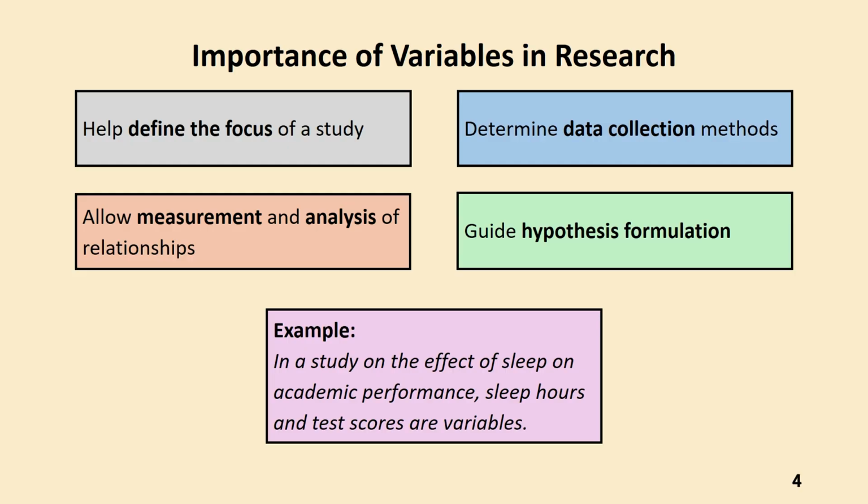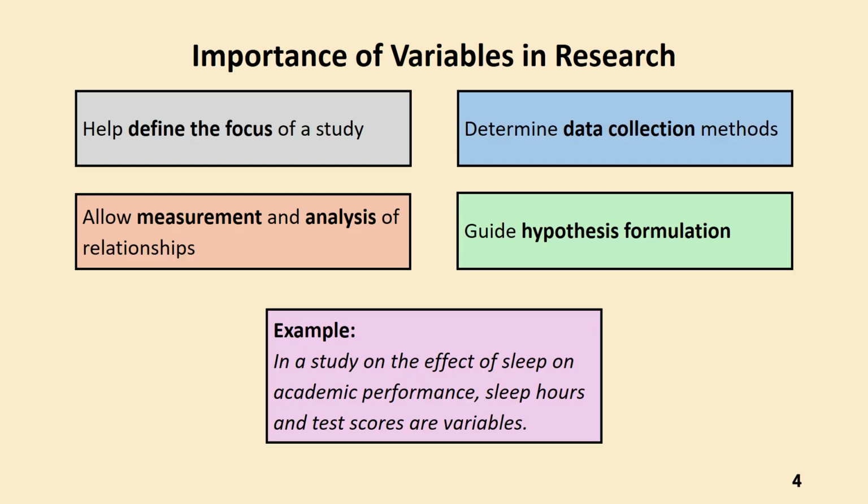You can see here with the example, in a study on the effect of sleep on academic performance. It's just a simple problem I have taken. Sleep hours and test scores are variables. Why? Let us discuss. See, sleep hours is related to test score in such a way, I am forming a tentative hypothesis here, that the students or the learners, those who are having good sleeping hours, good means appropriate sleeping hours, will have good mental health, and definitely they will attain more in the test.